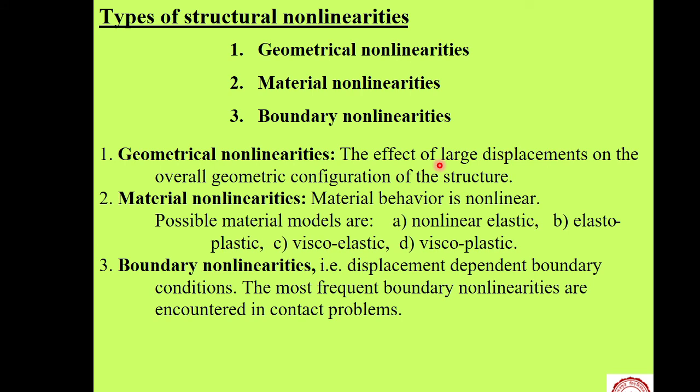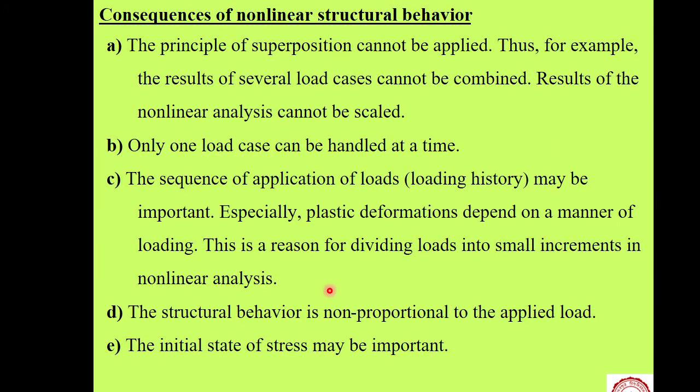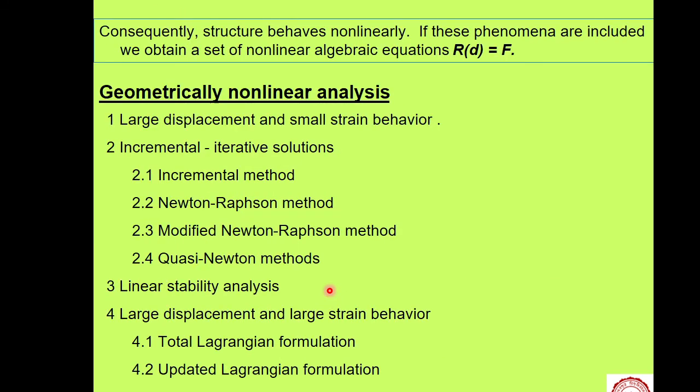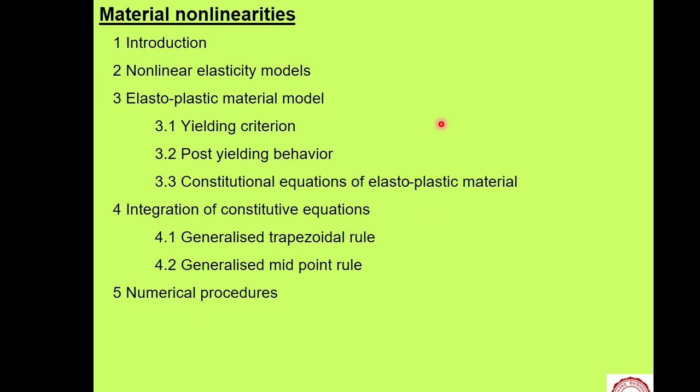Again, you know how they are coming: from large displacement, large strain. And boundary nonlinearity also we have just discussed, the mixed boundary problem, etc. Now the remaining part is not relevant here unless we go for a particular problem.